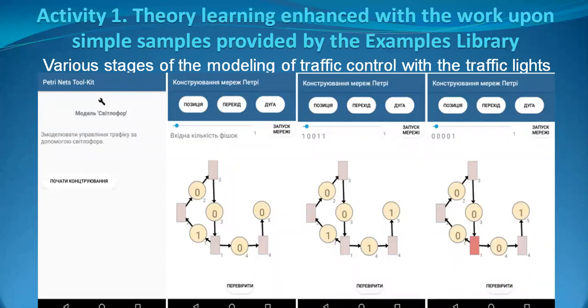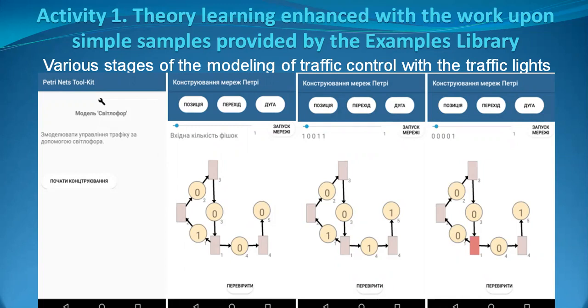It's so-called serial learning enhanced with the work upon simple samples provided by the examples library. For instance, at this stage, a trainee can be proposed to model the traffic control with the traffic lights using a simple net from the library.